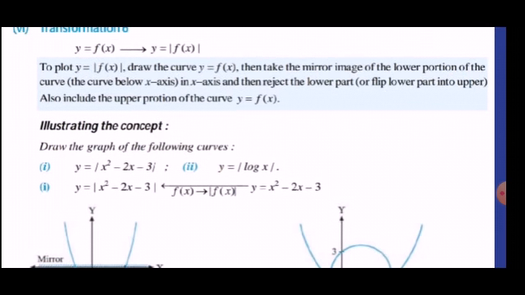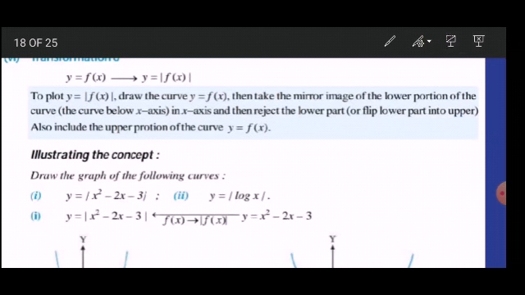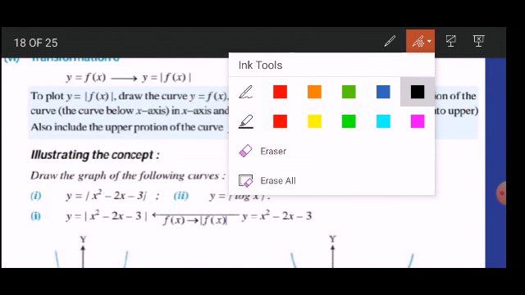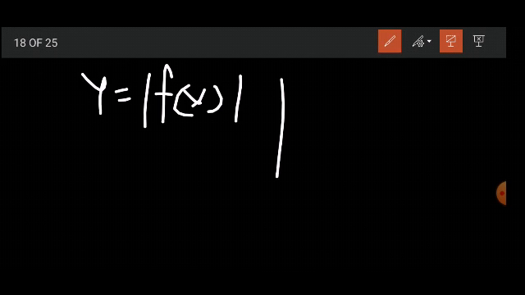So x square minus 2x minus 3. Let's analyze this in detail. Let's see first, that is x square minus 2x minus 3 entire mod. Before this, we have to retrace the graph of mod fx. For y equal to mod of fx, what do you have to do?